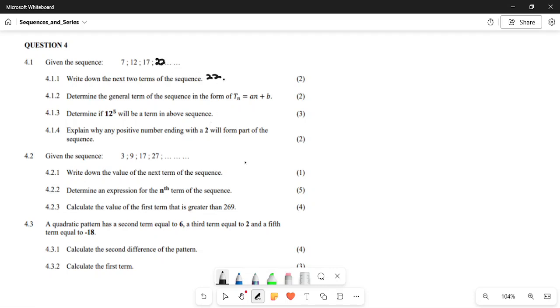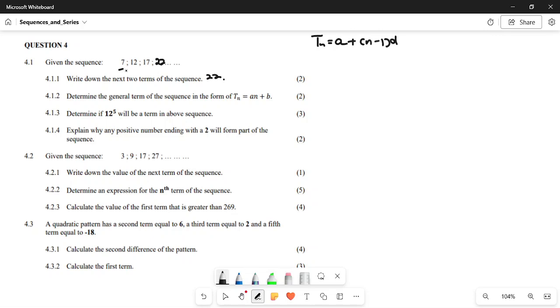And then for the second question, determine the general term of the sequence in the form nth term equals an plus b. So I need to find the nth term that defines this sequence. The formula for linear patterns is a plus n minus 1 times the difference.